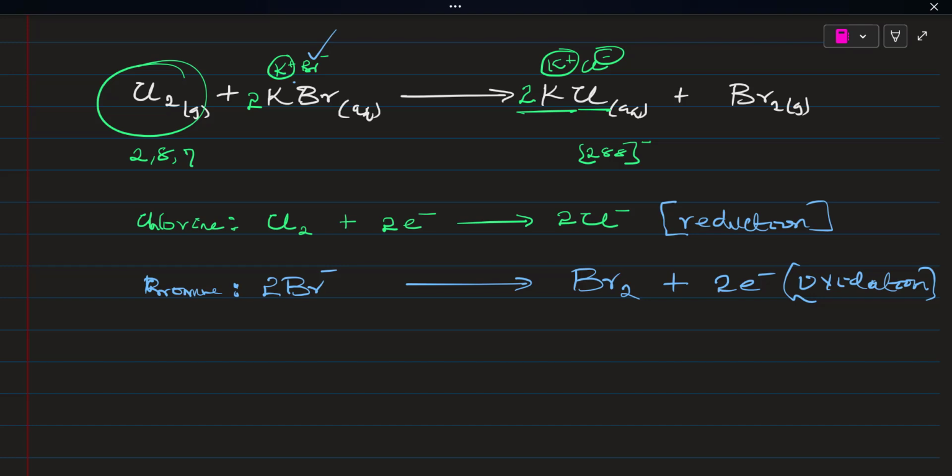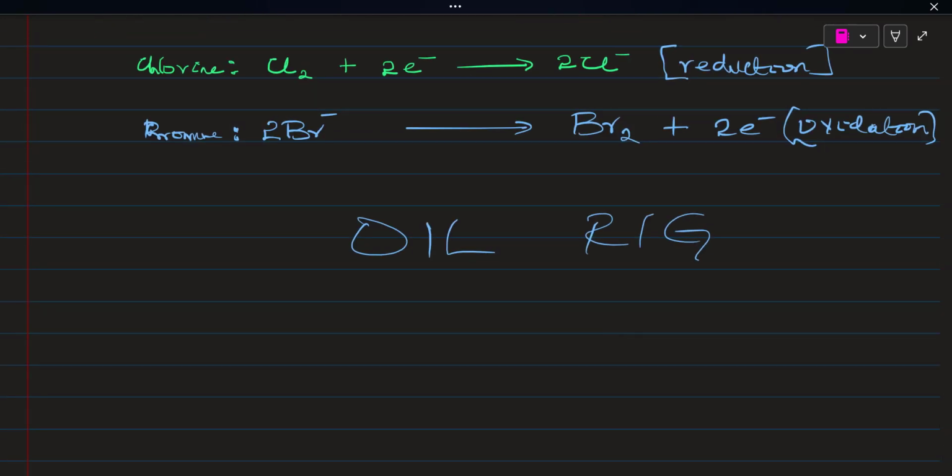How do I remember that oxidation is loss of electron and reduction is the gain of electron? There's something we call OIL RIG. That is the mnemonic that you can use to remember that. I will write it here quickly. OIL RIG. So OIL RIG, the O part of it is oxidation, and then the I is is, and then L is loss of electrons.